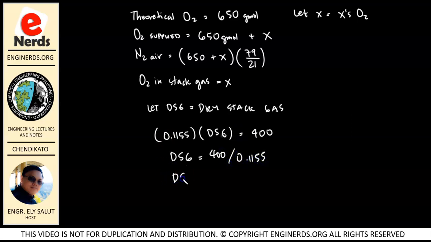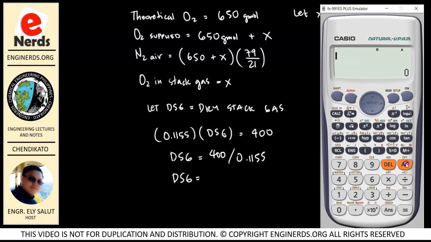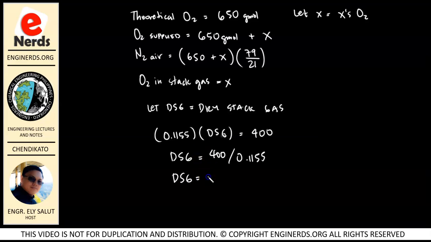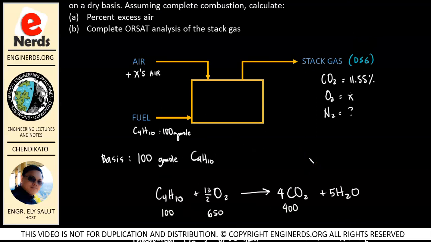So our DSG is equal to, let's use our calculator, 400 divided by 0.1155, which is 3,463.2 gram mole. Okay? So, let me write that in here para mas madali natin siyang ma-analyze.